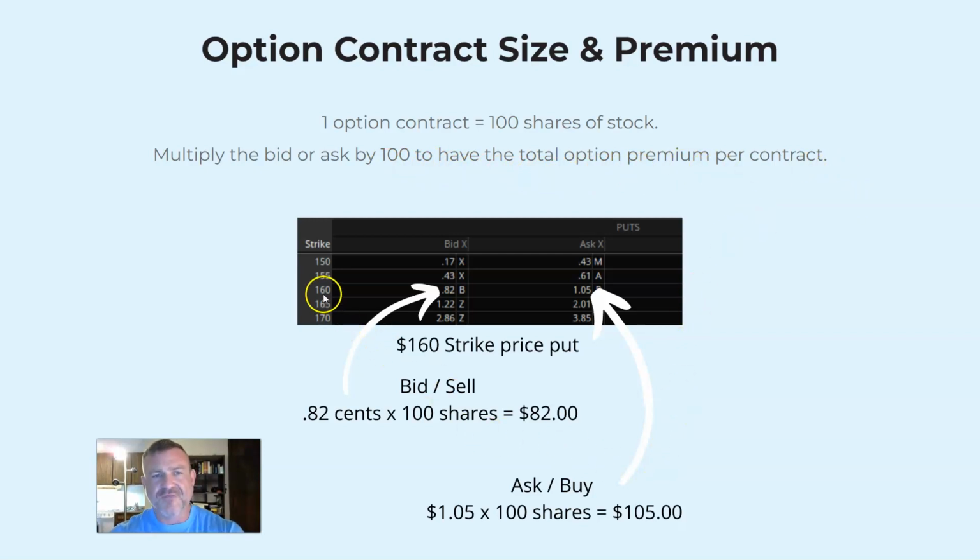For example, if we were looking at the put option with the 160 strike price, if we wanted to sell that option, we would take this 82 cents times 100 shares equals $82 per one put option contract sold. If we wanted to buy that same $160 strike price, we would take $1.05 times 100 shares and have a total of $105.